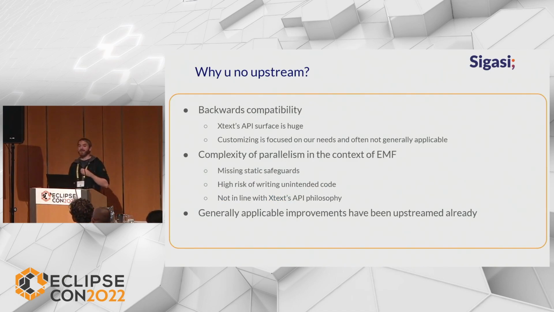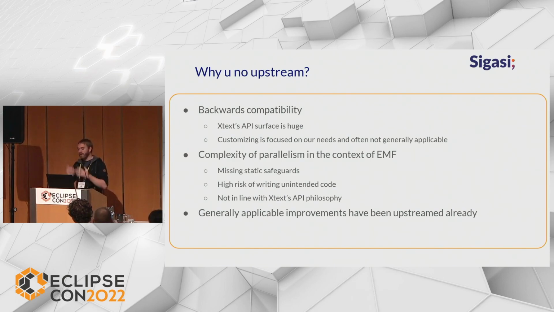So the natural question is probably, why aren't you upstreaming these kinds of things? We kind of want to, but it's impossible. The moment you start messing with the basic way that Xtext operates with EMF, I don't think you have a mergeable solution anymore.